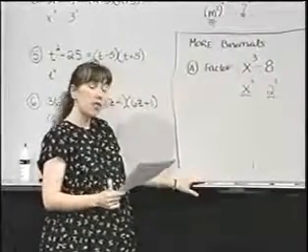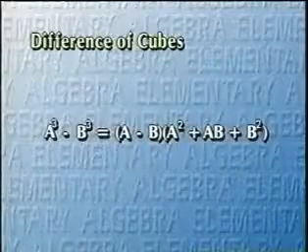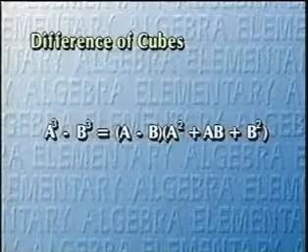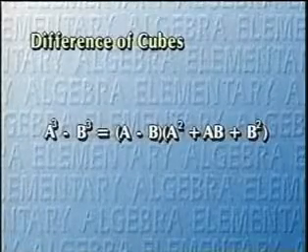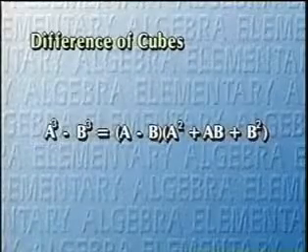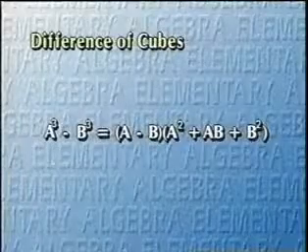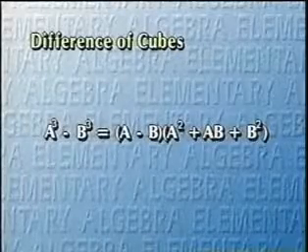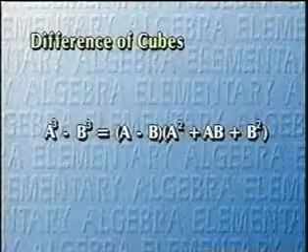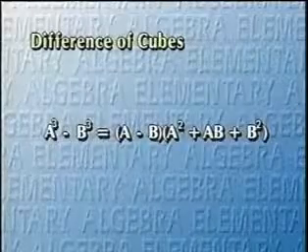Okay, let's take a look at the formula for difference of two cubes. Difference of cubes says the following. If you have a cubed minus b cubed, you can factor that polynomial as follows. The first polynomial is a minus b, and then the second polynomial will be a squared plus ab plus b squared.